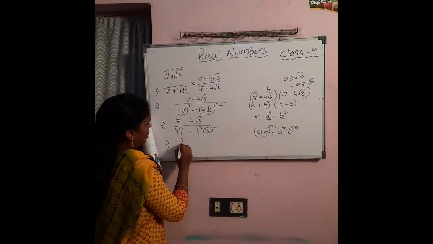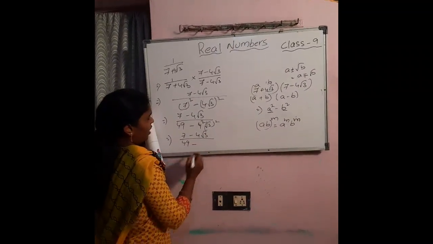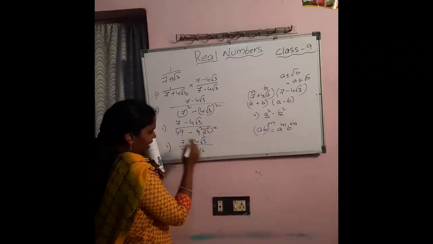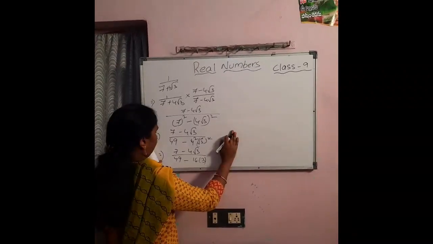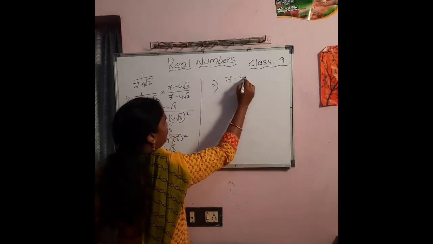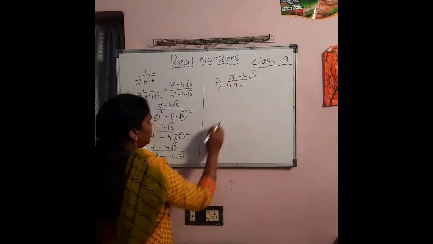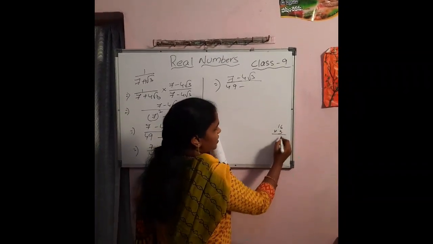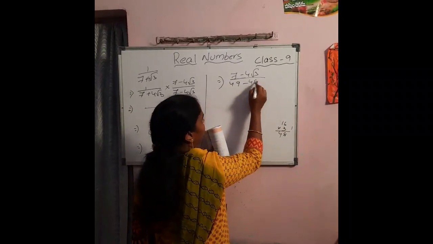So it can be written as 7 minus 4 root 3 by 49 minus 4 4s are 16. Square and root will be cancelled, so it is 3. So 7 minus 4 root 3 by 49 minus 16 3s are 48.